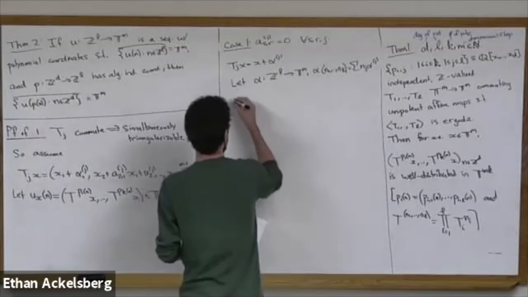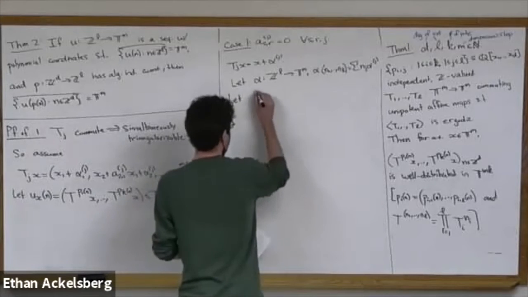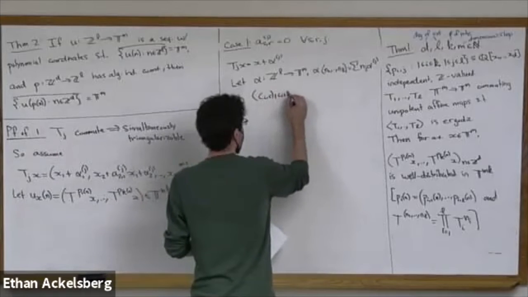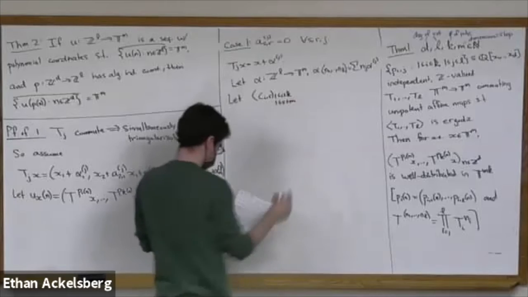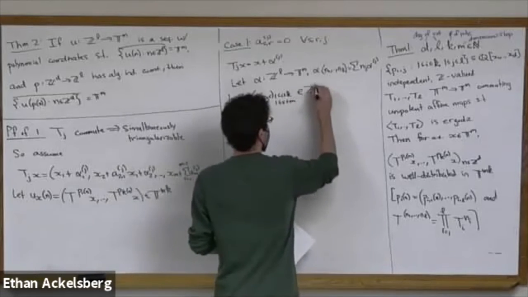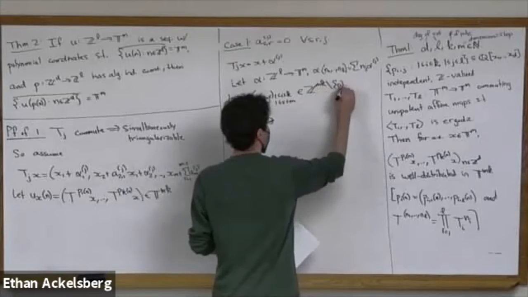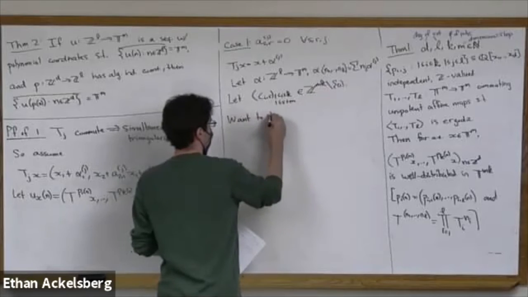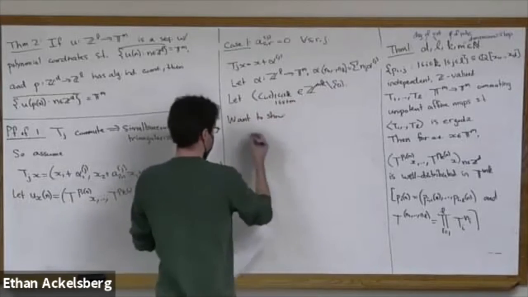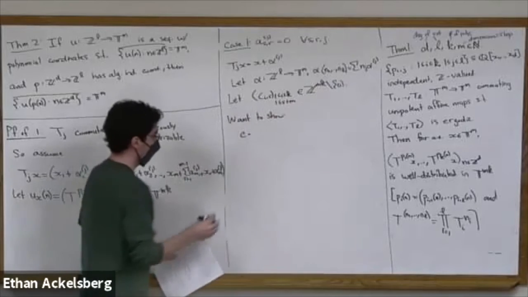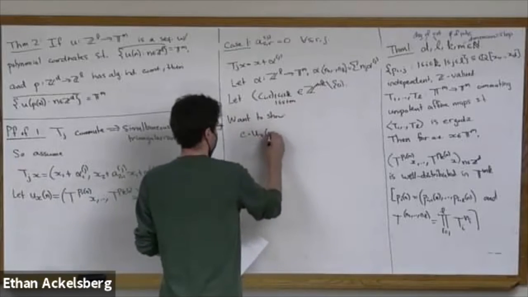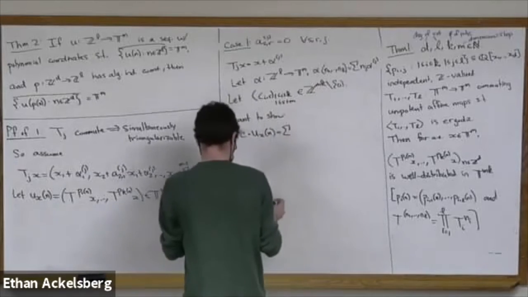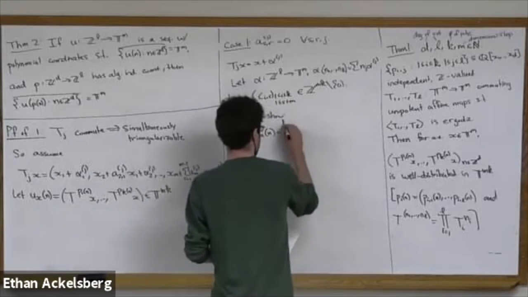So I'm going to take some collection of coefficients c_{i,s}, i from 1 to k, s from 1 to m. They're non-zero, or at least they're not all zero. And we want to show that this vector of coefficients, if we take their dot product with this sequence, is well distributed, and we can write this out a little bit more.